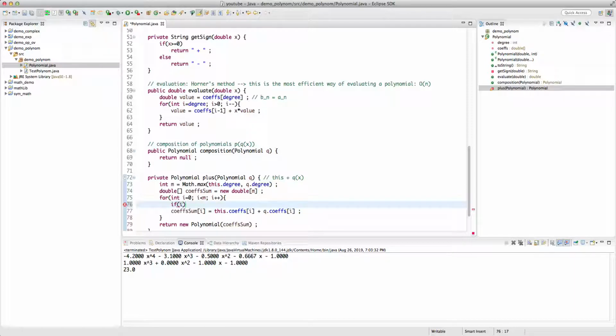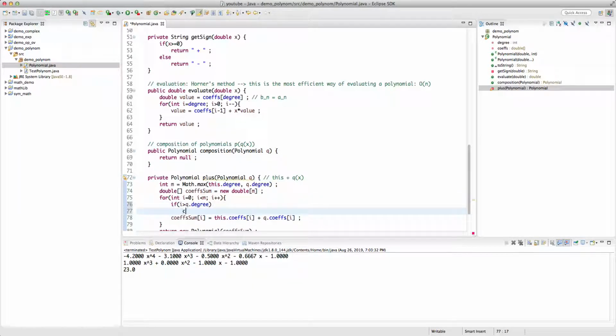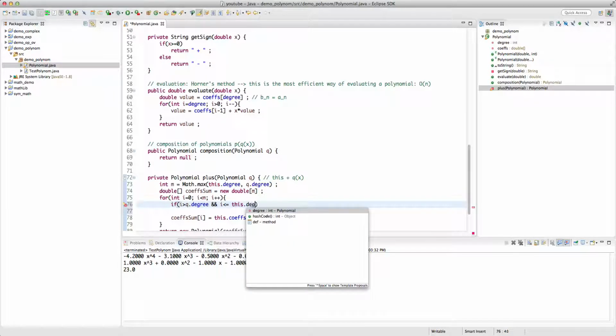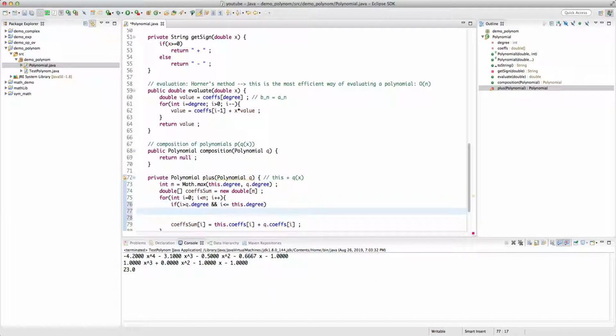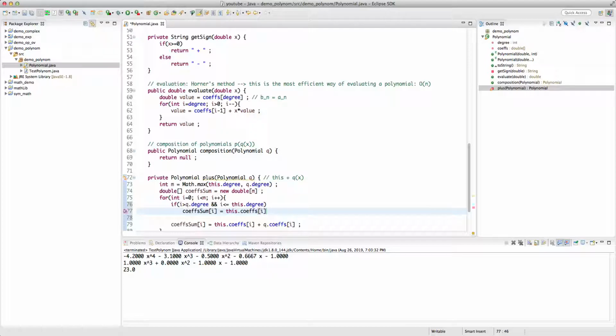If i is greater than q dot degree, and i less than or equal to this dot degree, then this term only belongs to this object.